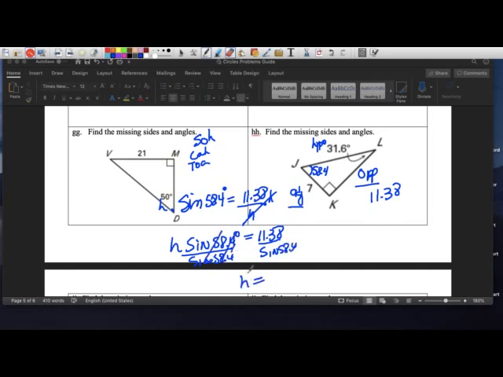H, the hypotenuse, is 11.38 divided by sine 58.4. That's going to give me 13.36. The hypotenuse is 13.36, and that makes sense because it has to be the longest side.